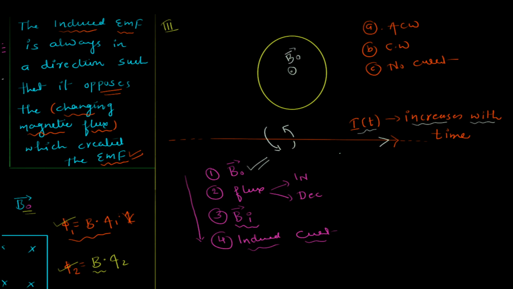All right, great. And just for safety, I'll write the expression for magnetic field. Magnetic field is mu naught I by 2 pi r.